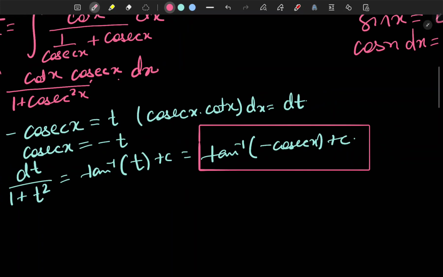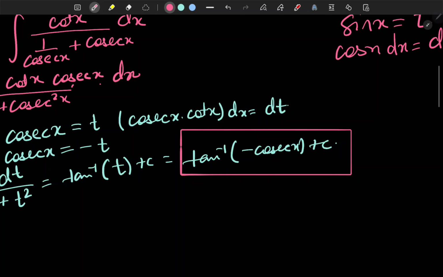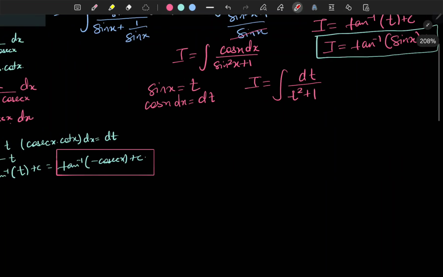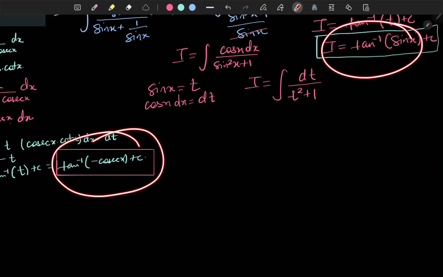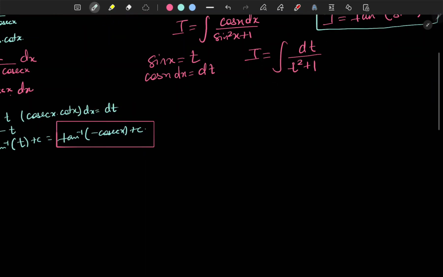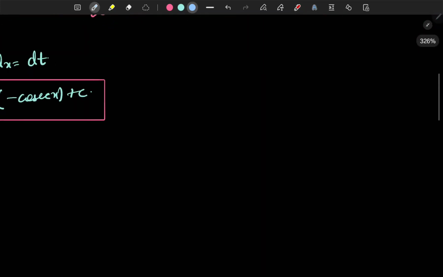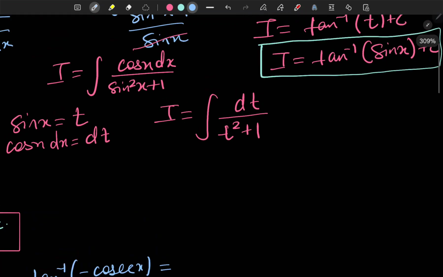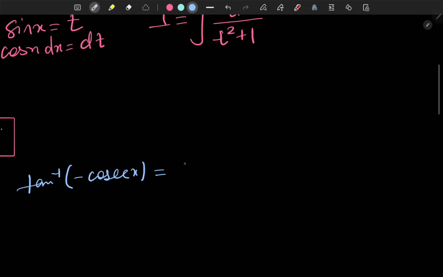I thought these two would be equal. Let me write it separately: according to my solving, tan inverse of negative cosec of x equals, letting both the c's be equal, tan inverse of sine of x.